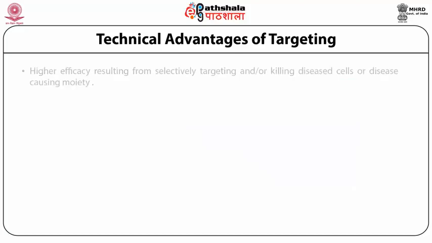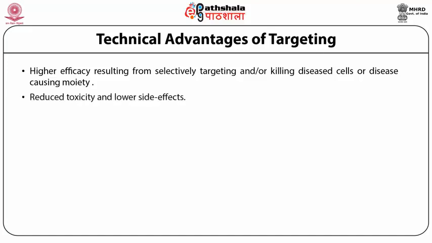The first is high efficacy. As we discussed in the previous slide, we are selectively targeting the drug to the disease site, so that will increase the efficacy as well as reduce the toxicity, and definitely it will then be more cost effective.